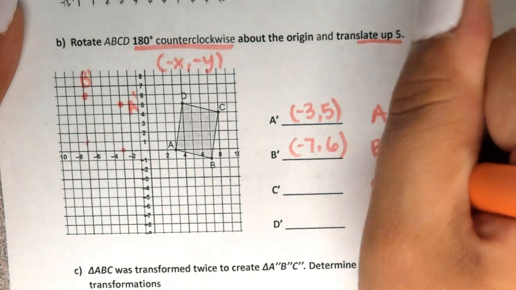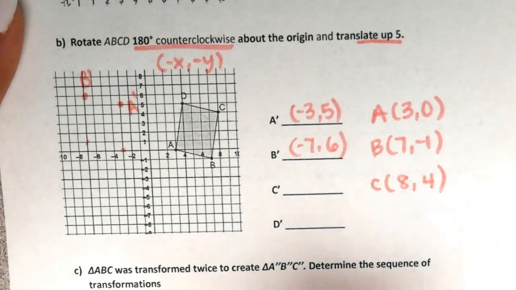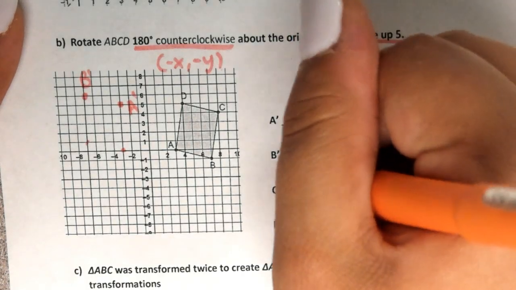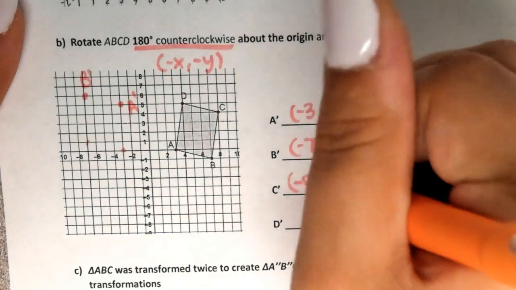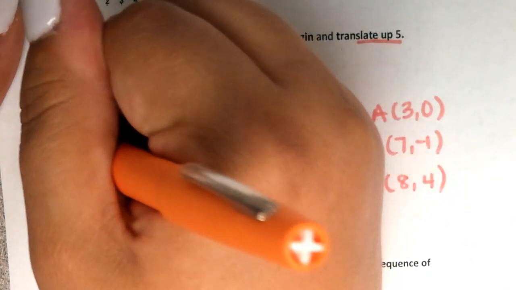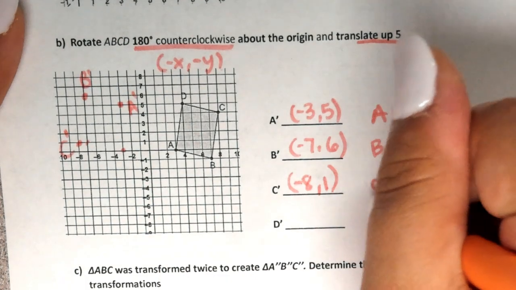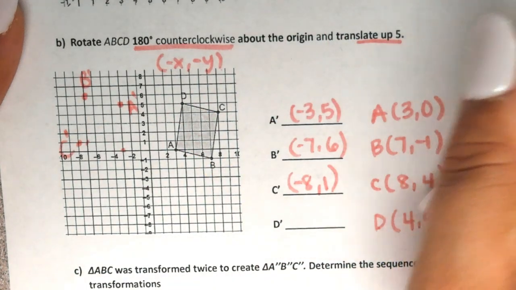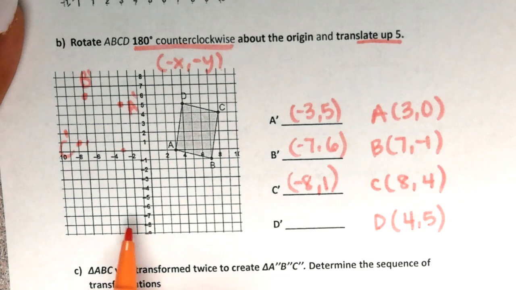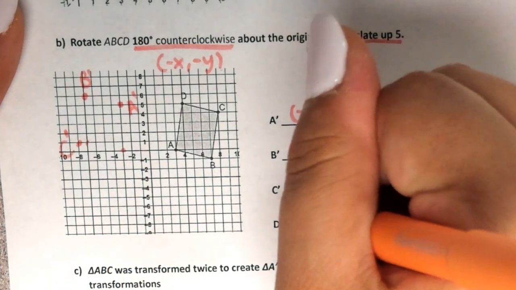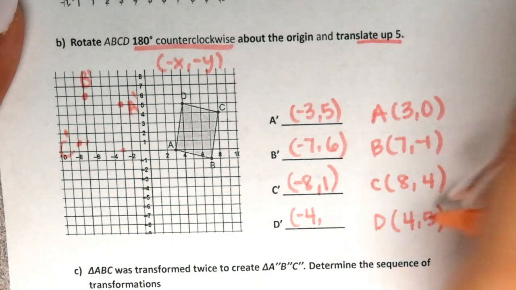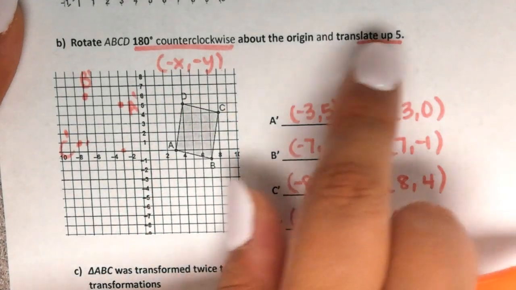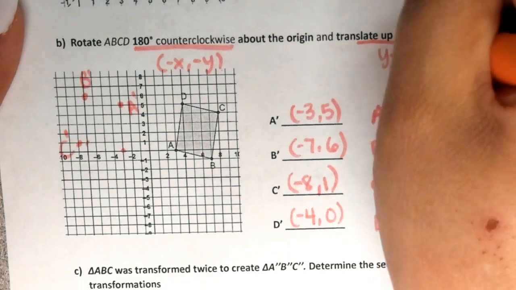C is at (8, 4). Make both of them negative, and then add 5. Where do I end up? (-8, 1). And then D is at (4, 5). If I make both of them negative and then go up 5, I end up at (-4, 0). So this is negative x, negative y. This is y plus 5.